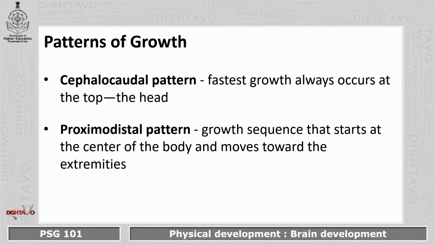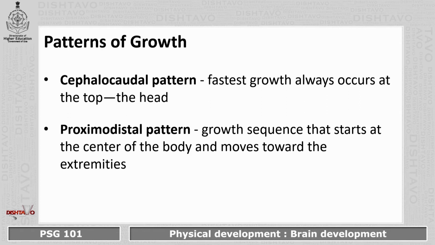Sensory and motor development also generally proceed according to the cephalocaudal principle. For example, infants seize objects before they can control their torso, and they can use their hands long before they can crawl or walk. The next pattern is the proximo-distal pattern.